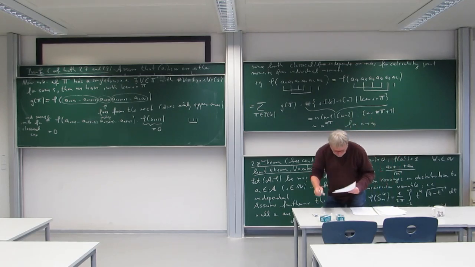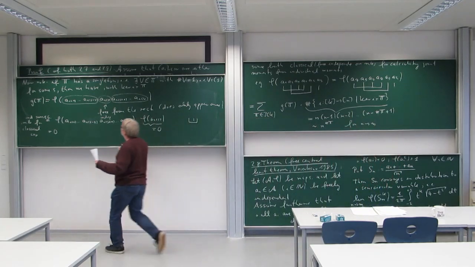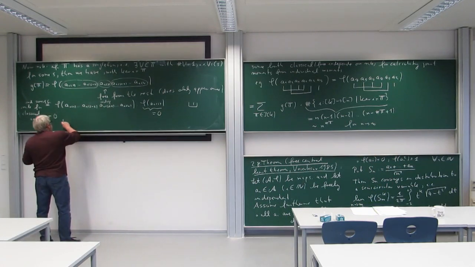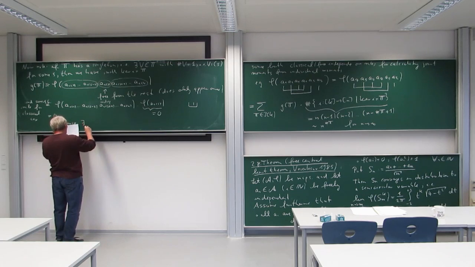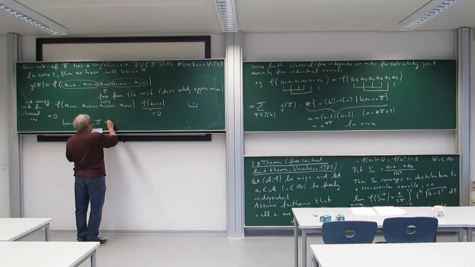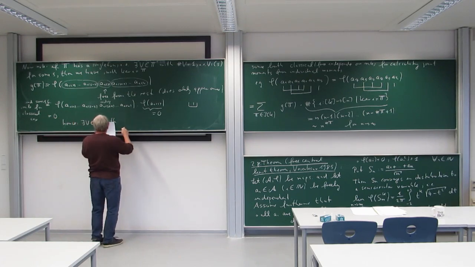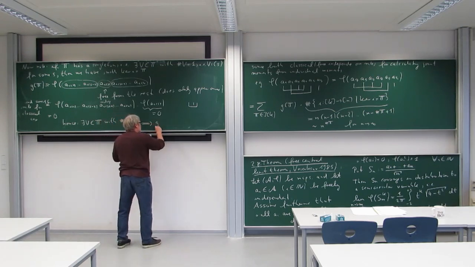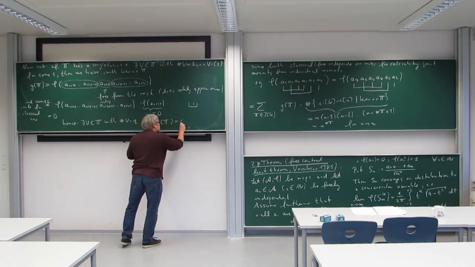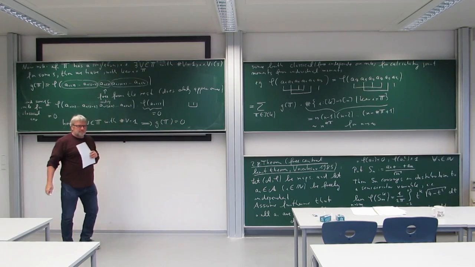So the conclusion of this is first, if we have a singleton in our partition, so this means a block which only contains one element, this implies that g of pi is equal to 0.